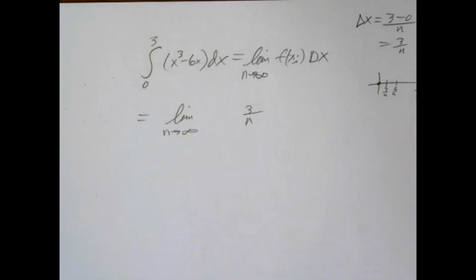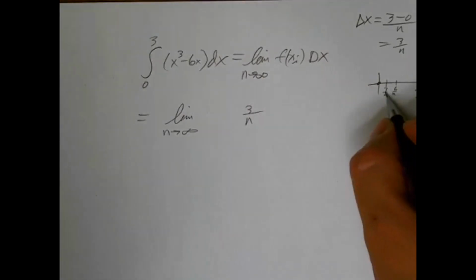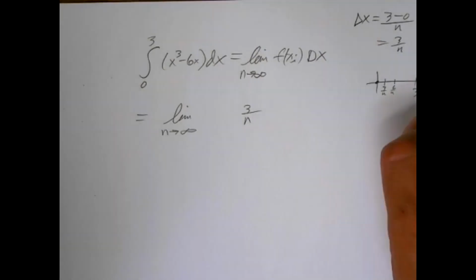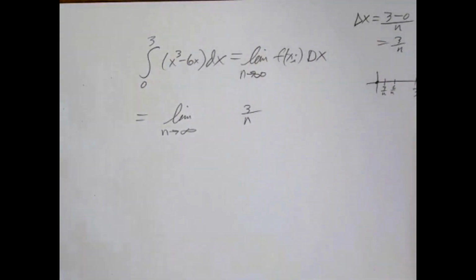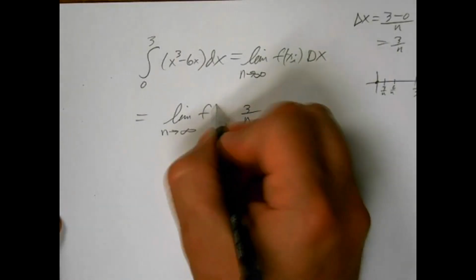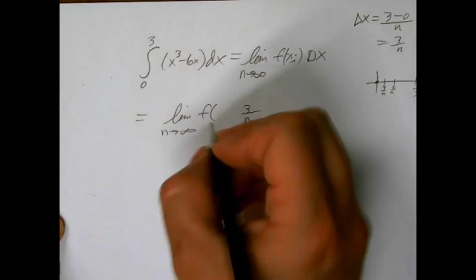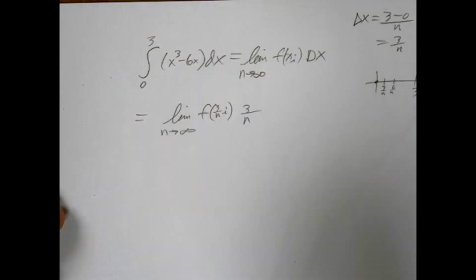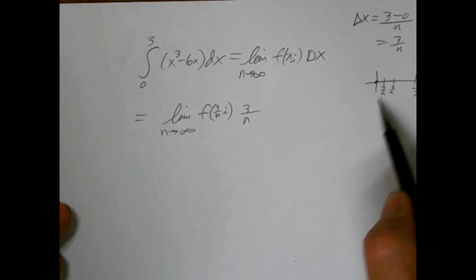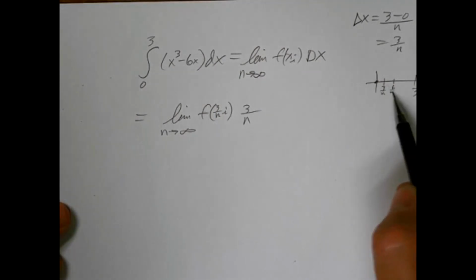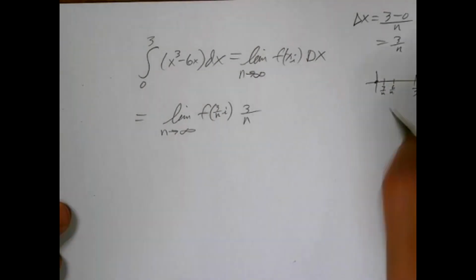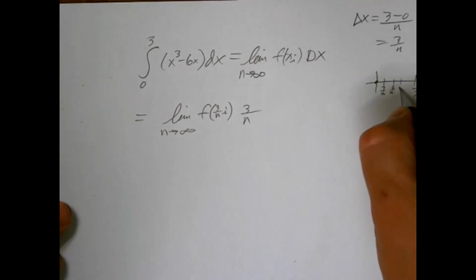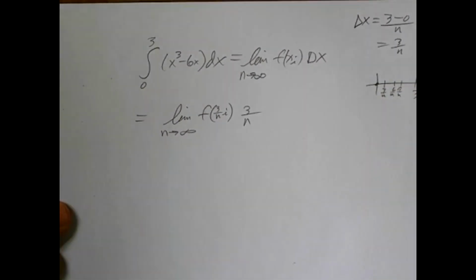We do that, counting by increments of 3 over n, until we get to the other end. So x sub i is 3 over n, i times. You're going to take these steps that are 3 over n wide: 3 over n, 6 over n, 9 over n, 12 over n, and so on.